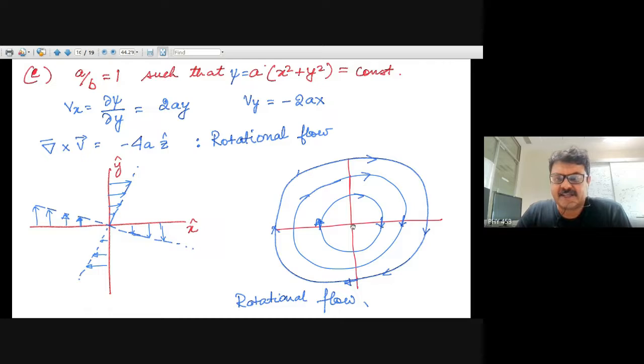If x is negative, then Vy is positive, and if you plot Vx as you go ahead, it's increasing with increasing y, and becomes more and more negative but higher in value as you go towards decreasing y. And the flow field that you will get is what I've plotted here.